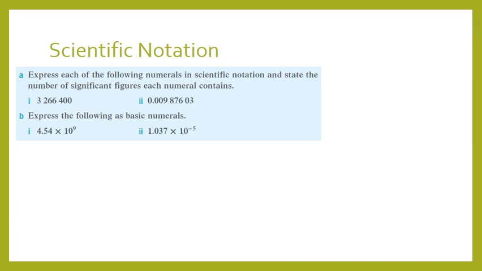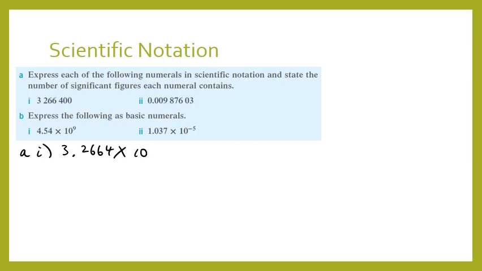Scientific notation. So we can rewrite all of these numbers in terms of scientific notation. Anyway, what you would do for scientific notation is you want to write down the first non-zero number from the left, put the decimal place, then write out the rest of the numbers.